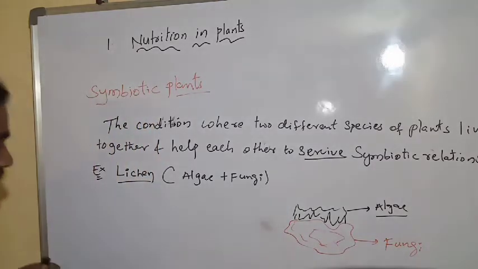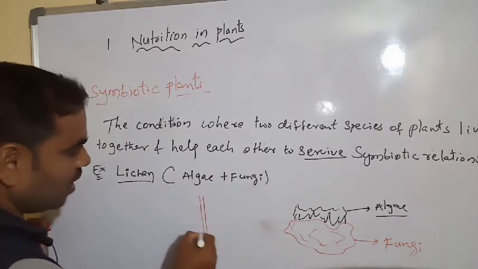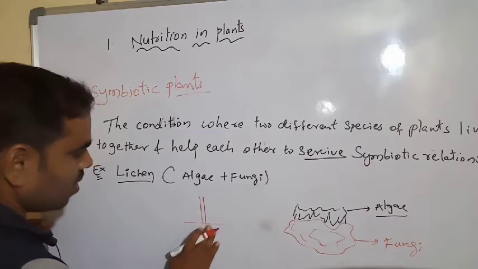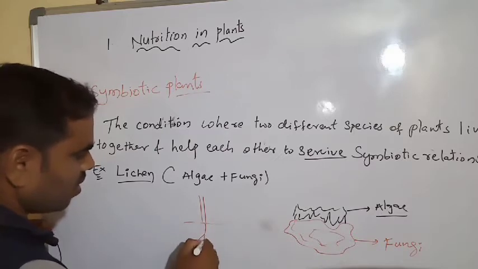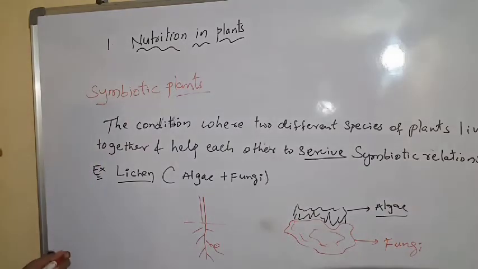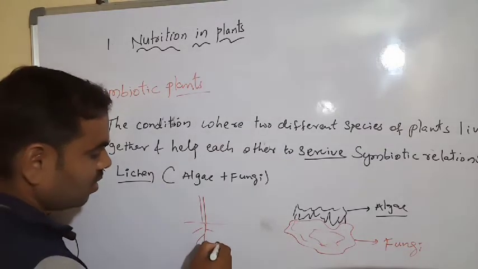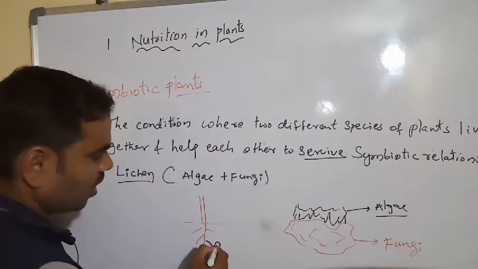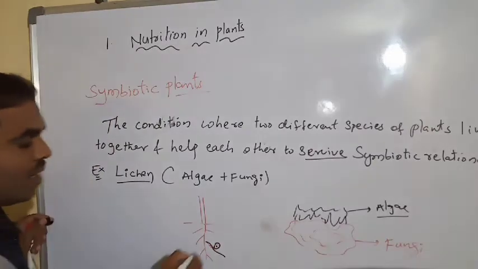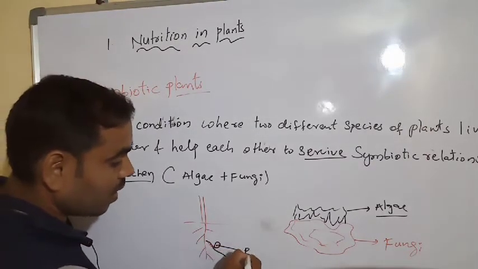Next, we see another example of a symbiotic relationship in a plant of the Leguminaceae family. This is the root nodule, and in the root nodule the Rhizobium bacteria live.